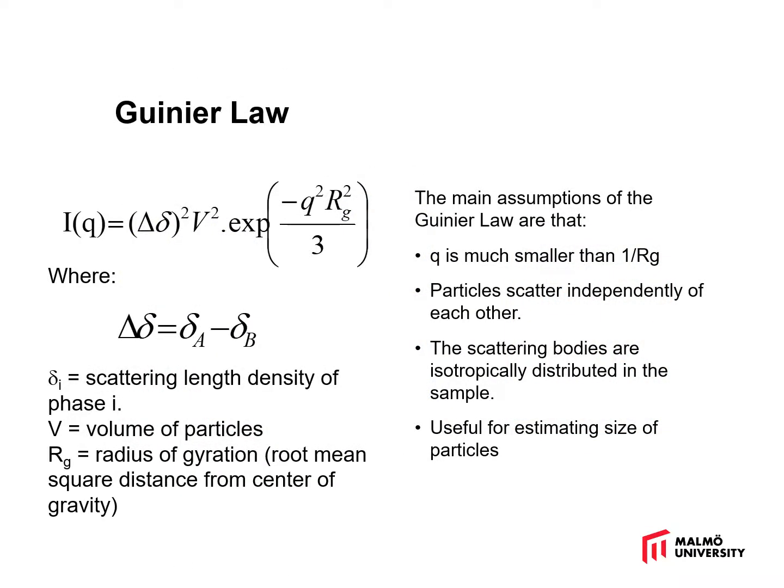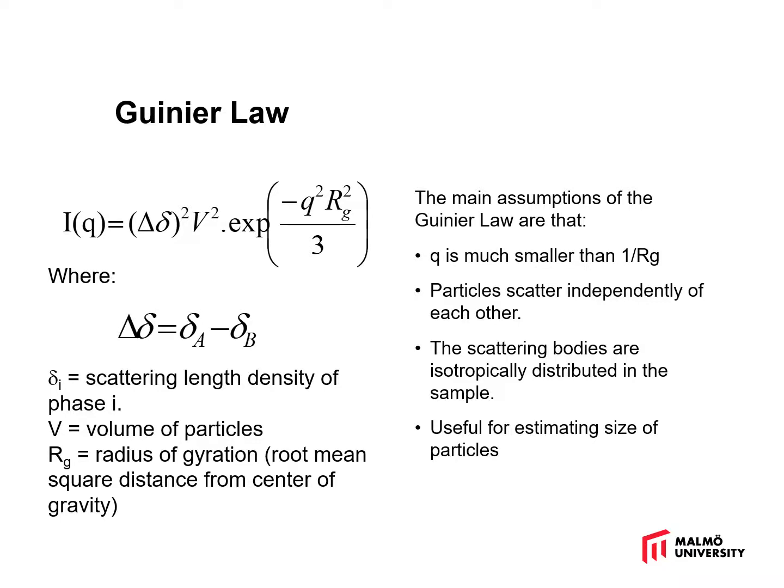The Guinier law, which we've brought in before, is an excellent way of measuring or estimating the size of objects at low Q. You can also use it to estimate the volume of particles if you know how many particles there are and their contrast. The main assumption of the Guinier law is that it's a low Q extrapolation, so Q is much smaller than 1 over the radius of gyration.